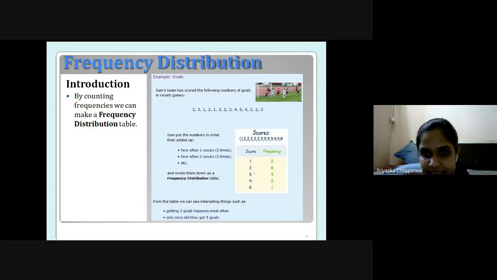Here we say that getting 2 goals happened most often, almost 5 times, and only once did they get 5 goals. So we can interpret our frequency distribution table.